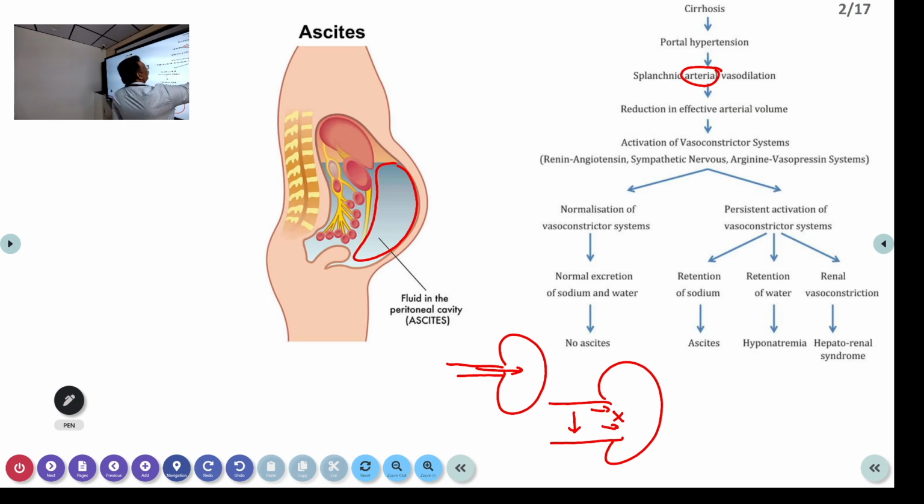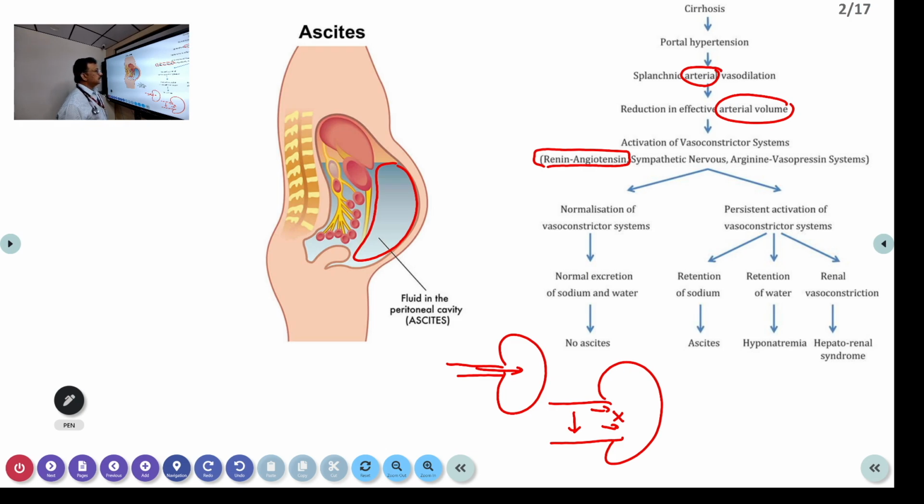So effective arterial volume will come down. When the kidneys are not getting adequate blood supply, the kidney will activate the renin angiotensin aldosterone axis.